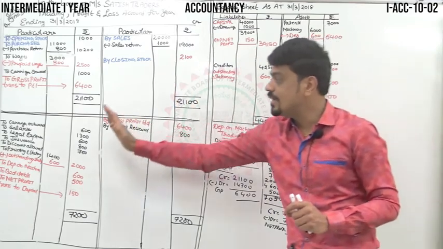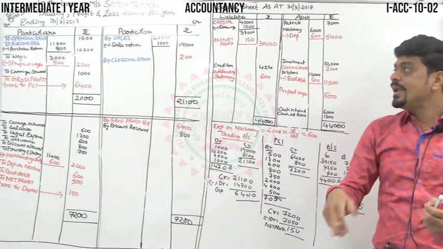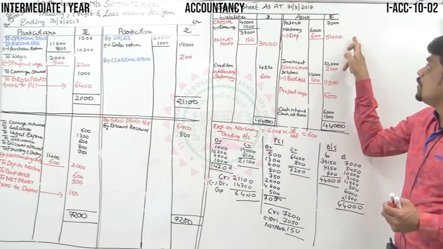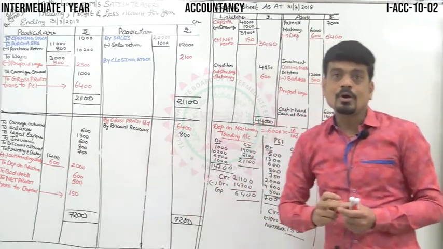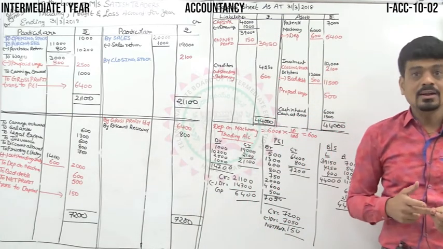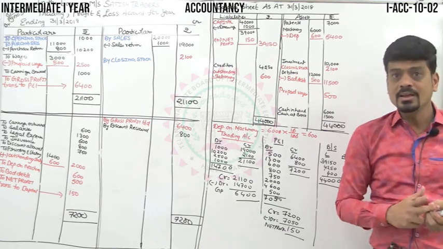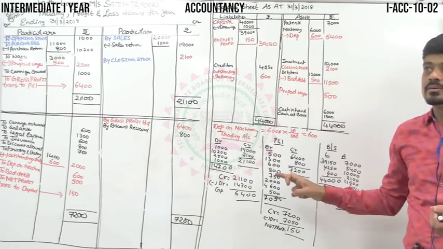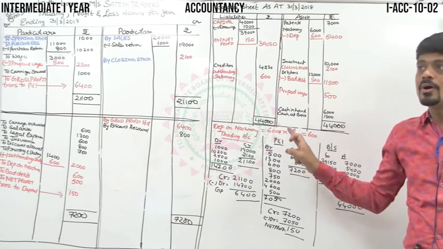Then give the second effect immediately so that there won't be any confusion. If not, what will happen? After subtracting, you will be in confusion and you will put this 5,400 in the profit and loss account. Balance sheet will not tally. We want our balance sheet to tally and we want the grip on the subject. Then follow this method. 100% I assure you will get 20 out of 20.